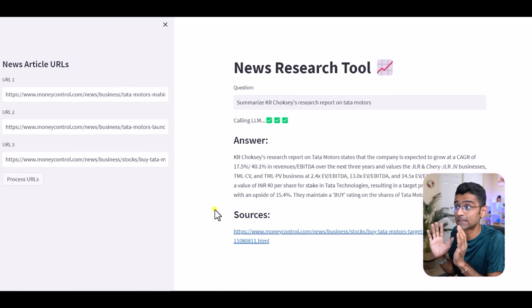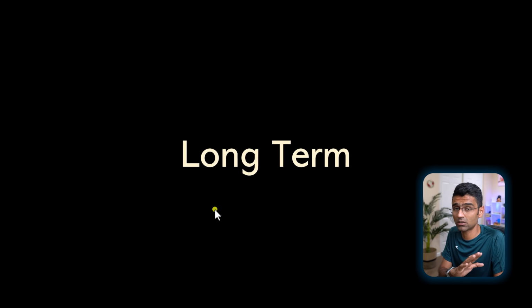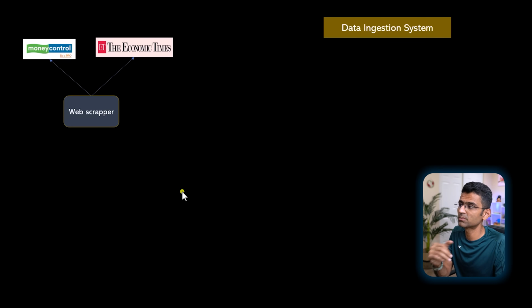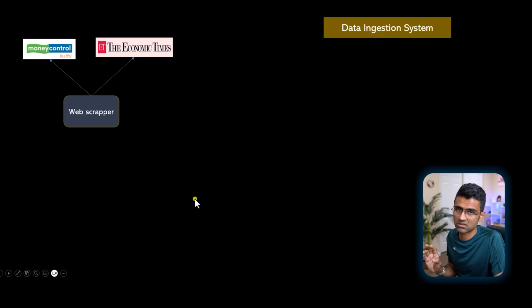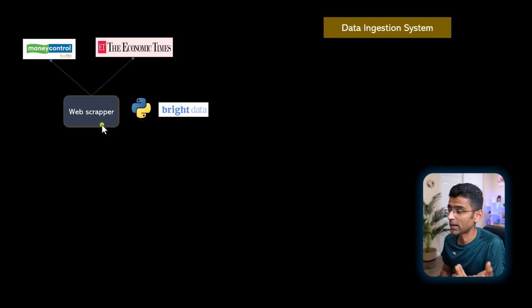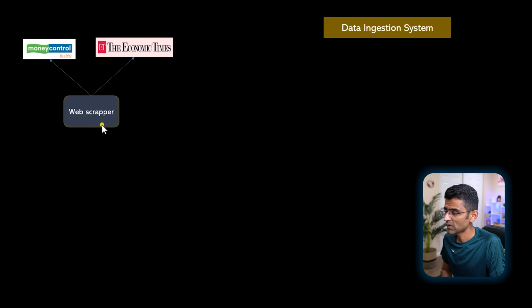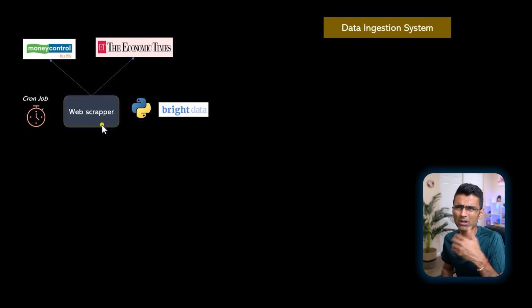And once we are happy with the result of this tool, for the long term, the architecture may look something like this. You need to first build a database ingestion system. It will have two different systems. The first one is a database ingestion system, where you go to your trustworthy news article website, you write a web scraper and have it implemented either in native Python or a tool like Bright Data, and then you run that on some kind of cron job schedule.